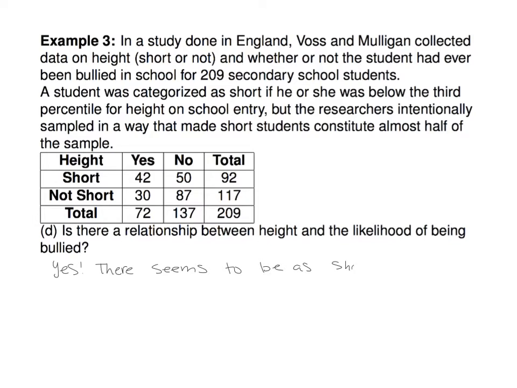As short kids were, we'll put bullied in quotes, because we don't really know what that means, about 20% more than the non-shorties. Very technical term there.